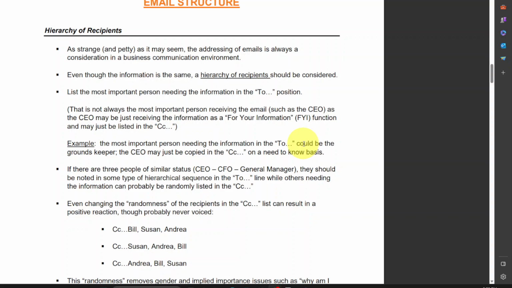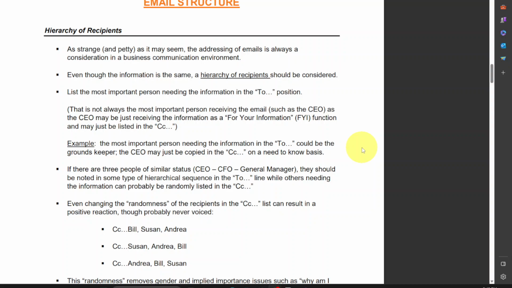That is not always the most important person receiving the email, such as the CEO, as the CEO may just be receiving the information as a for your information, an FYI function, and may just be listed in the CC. Example: the most important person needing the information in the To could be the groundskeeper, and the CEO may just be copied in the CC on a need-to-know basis.